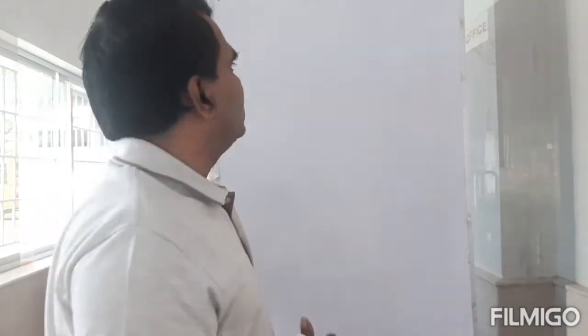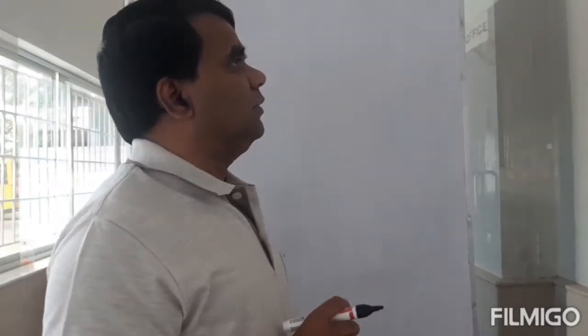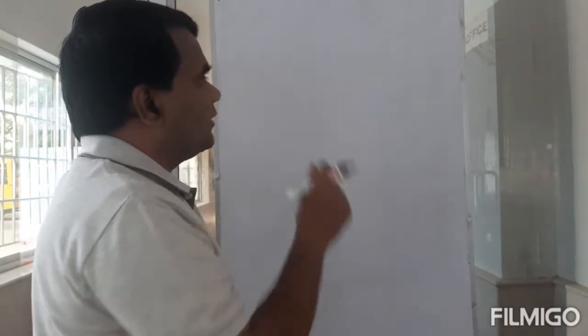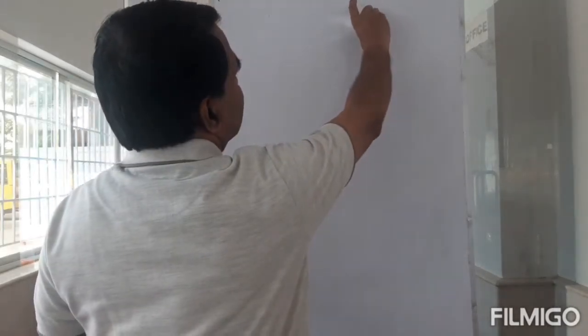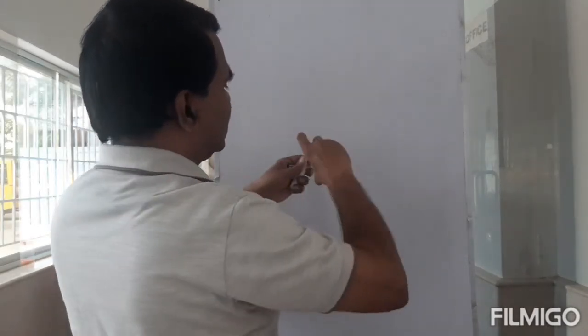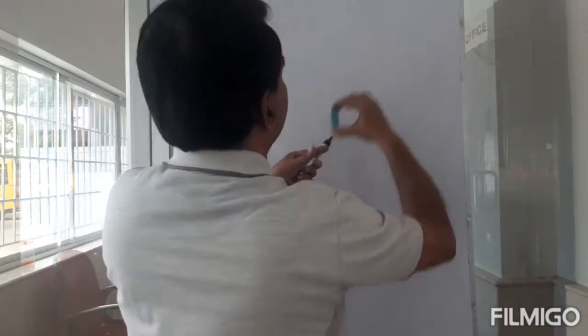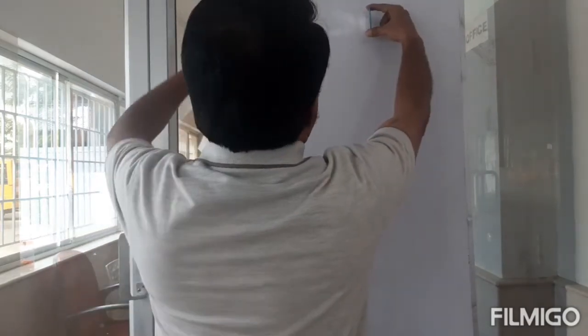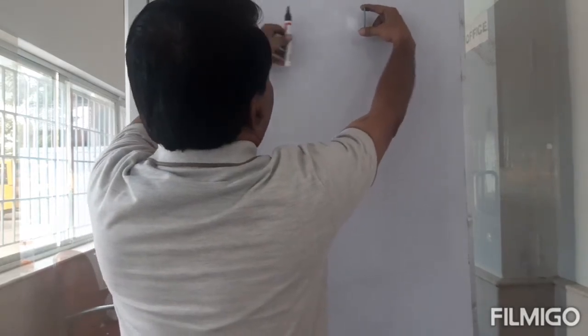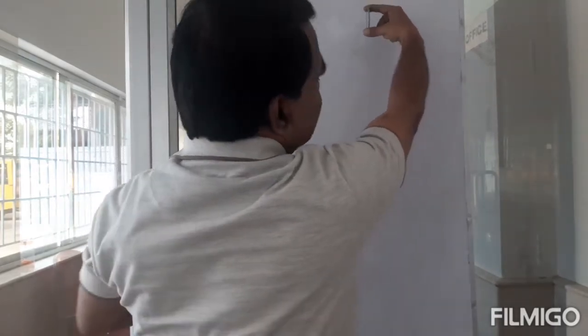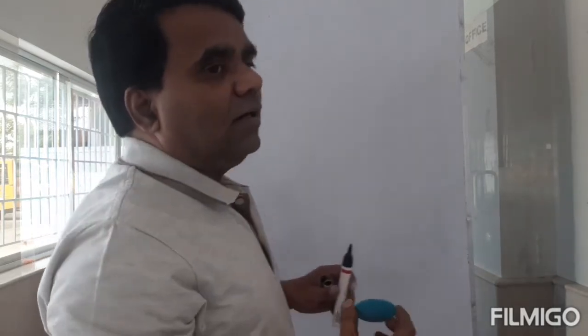Second, I will be drawing the diagram with the mirror like this. The mirror is going to be kept like this, and I'll keep an object here, and that object will make an image somewhere, right?